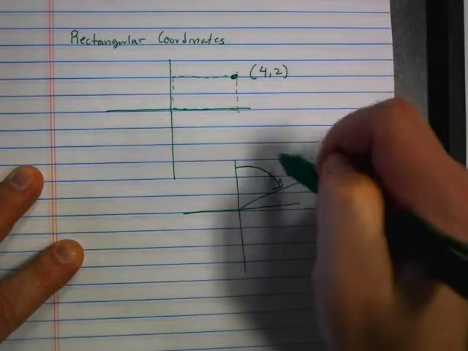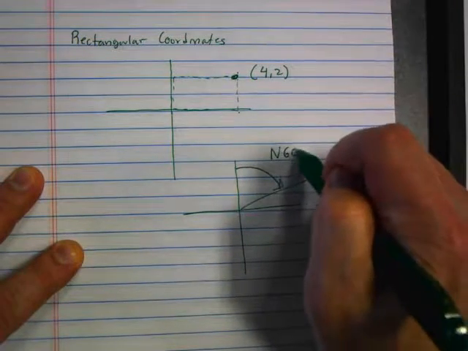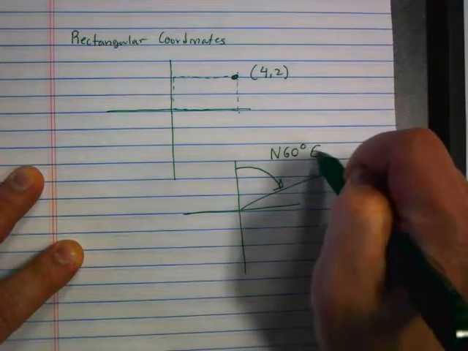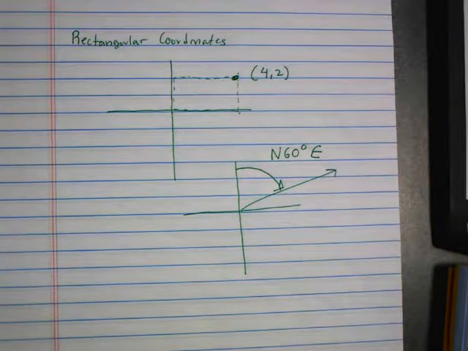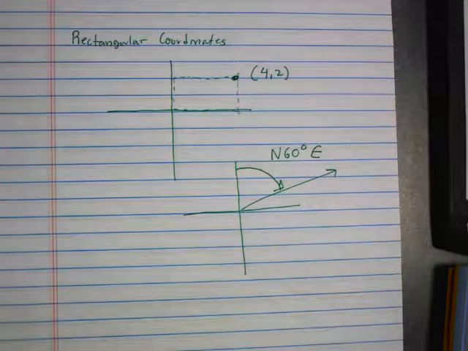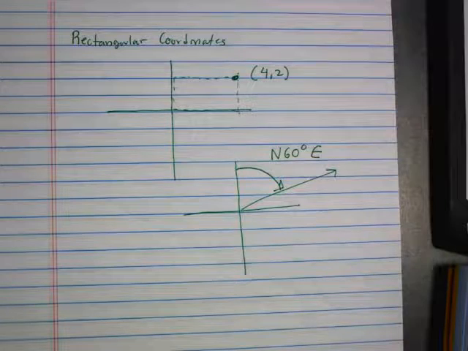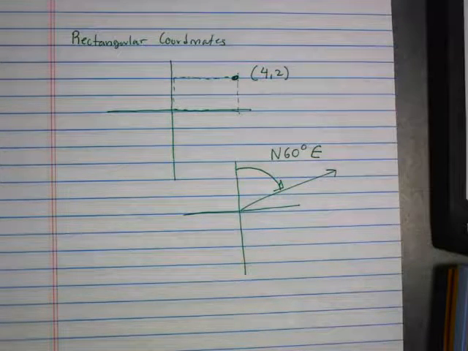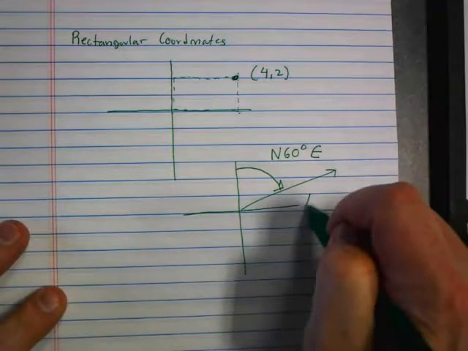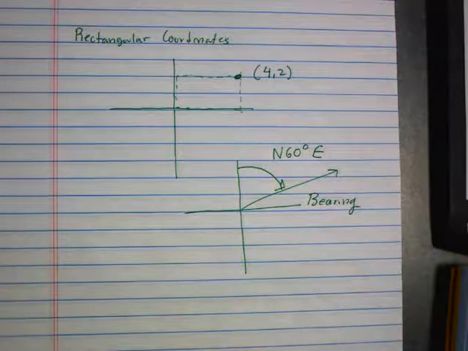So this would be north. You start with due north, 60 degrees towards the east. They measure things from either true north or true south. This is called a bearing. Sailors and pilots tend to measure things that way.